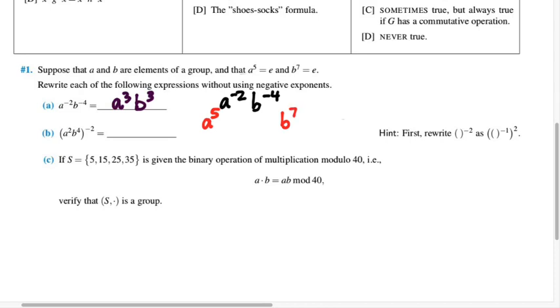We can do that, again, because both of those things are respectively equal to the identity. And so we're not actually changing which element we're talking about, we're just changing the expression that we're using to represent it. And now when I combine this 5 and this negative 2 powers of a, I get a total of 3, and I combine this negative 4 and this 7 powers of b to get b to the 3. So that's the shape of what problems like this look like.